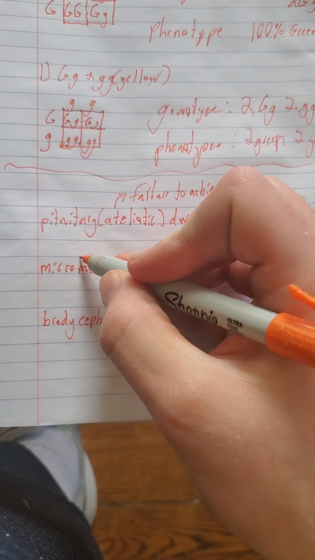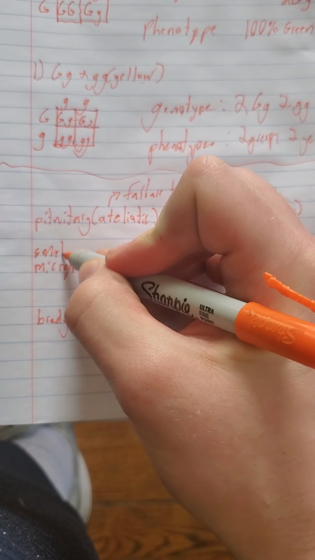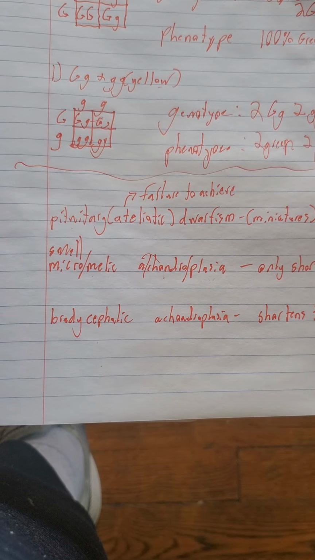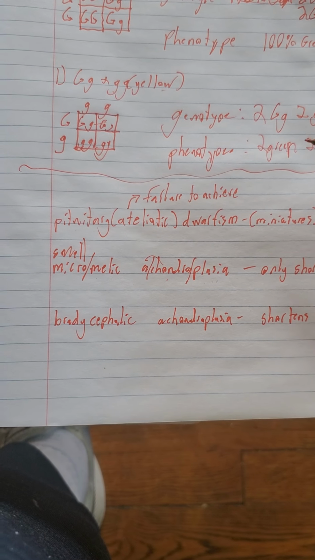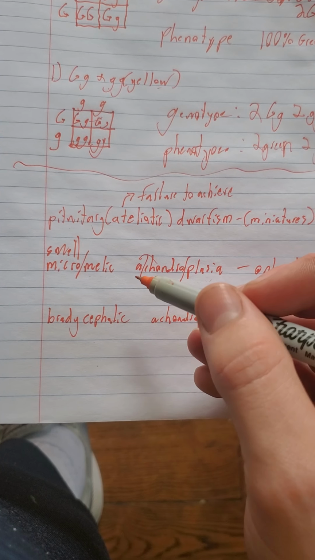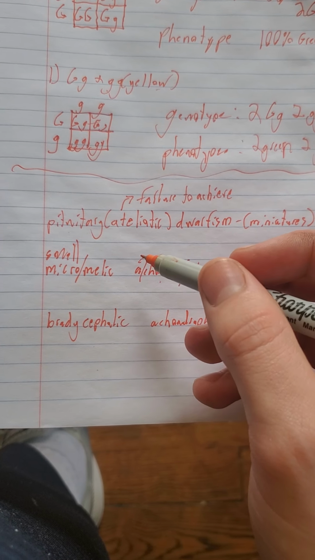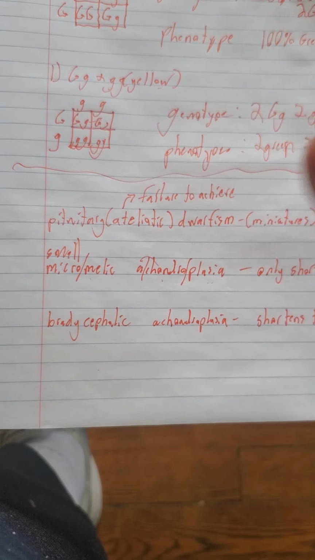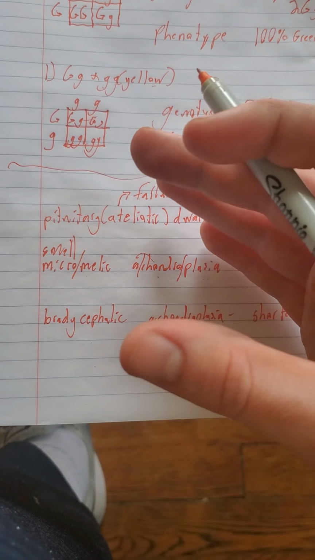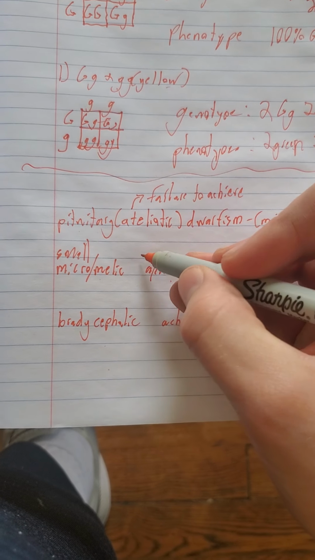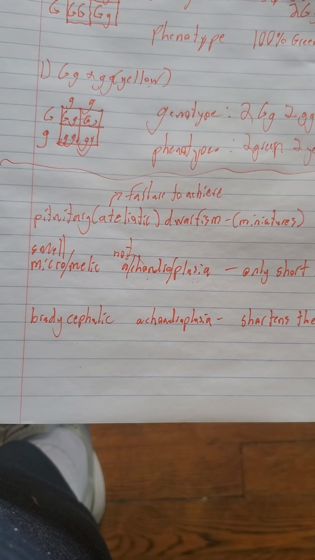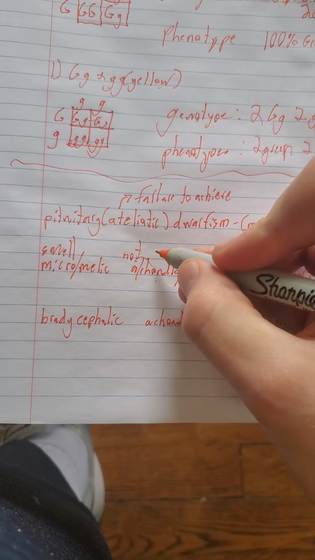Micromelic. Micro, we all know, means small. Melic actually means melodic or something in relation to a song. That doesn't really help us, so we'll move on. Whenever you see achondroplasia instead of chondroplasia, A always means not. So atypical, asymptomatic. Asymptomatic means you don't have symptoms. Atypical means it's not typical, right? So we'll write not. Chondro is a Latin derivative for cartilage.